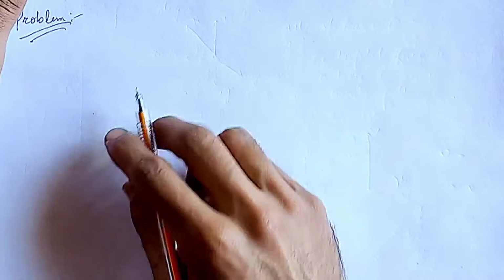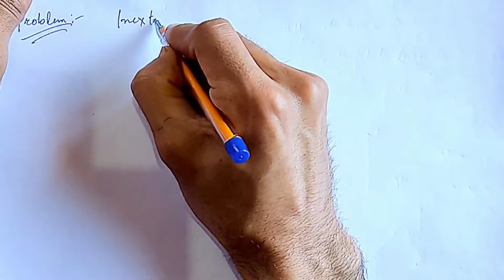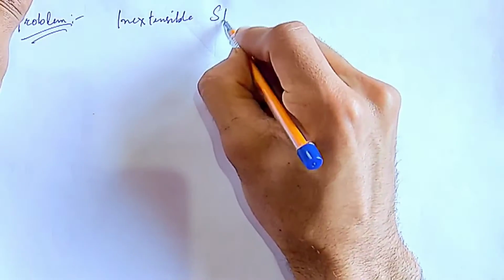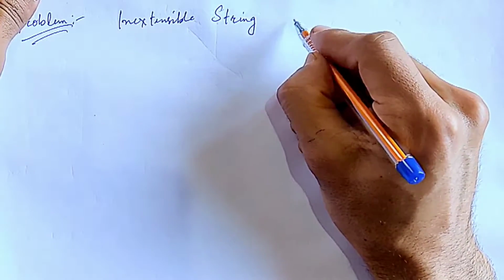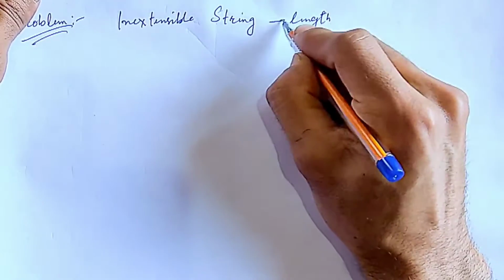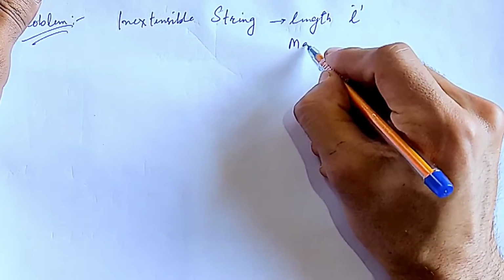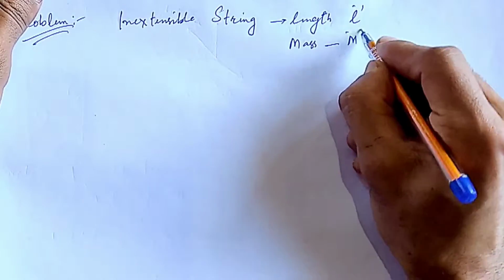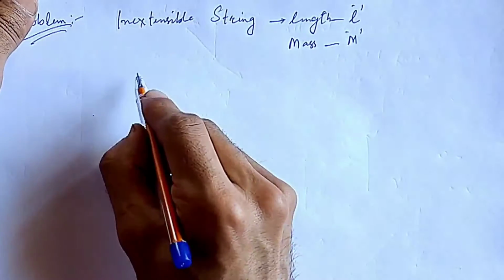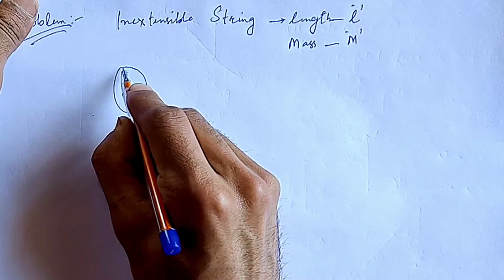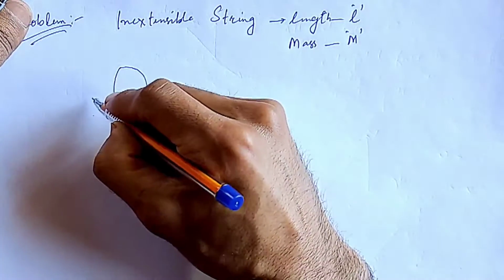So consider an inextensible string which is not stretched, of length L. Length is L, keep that in mind, and the mass of the string is M. Length is L, mass is M. It is fastened on a circular roller like this in a loop shape.